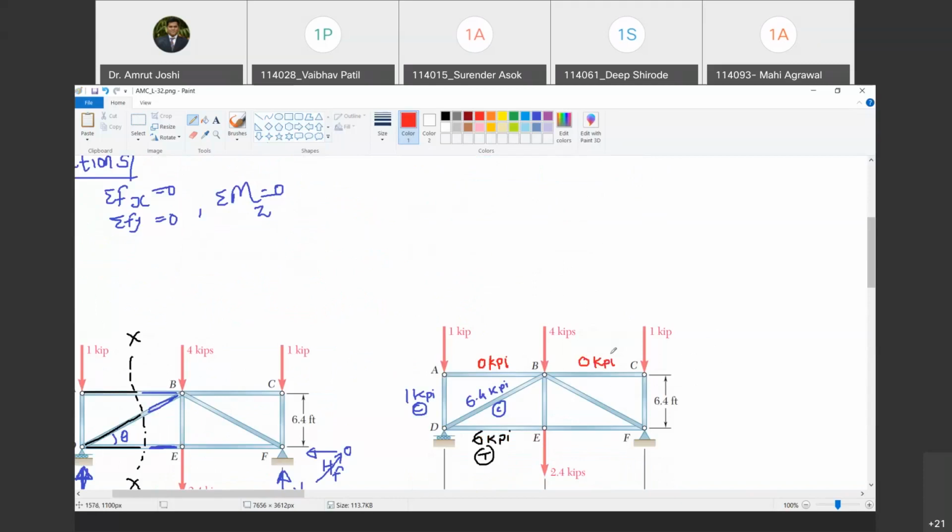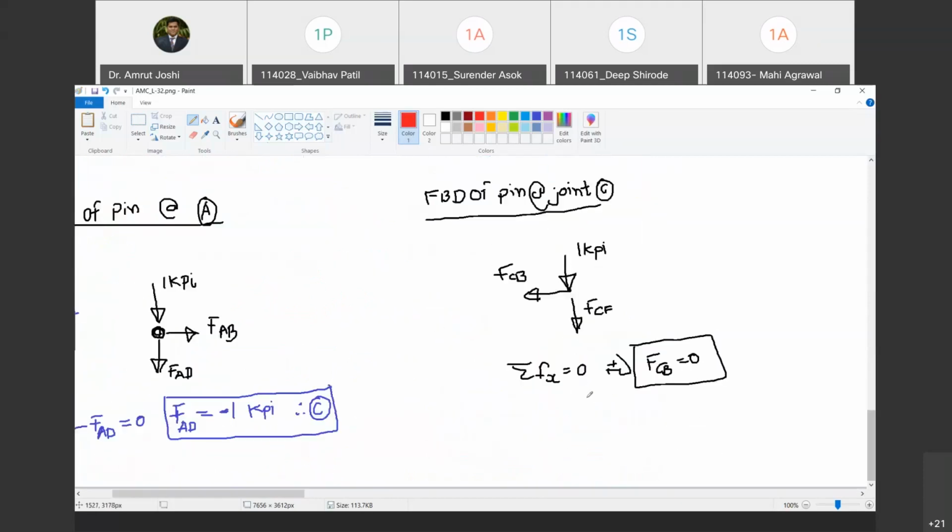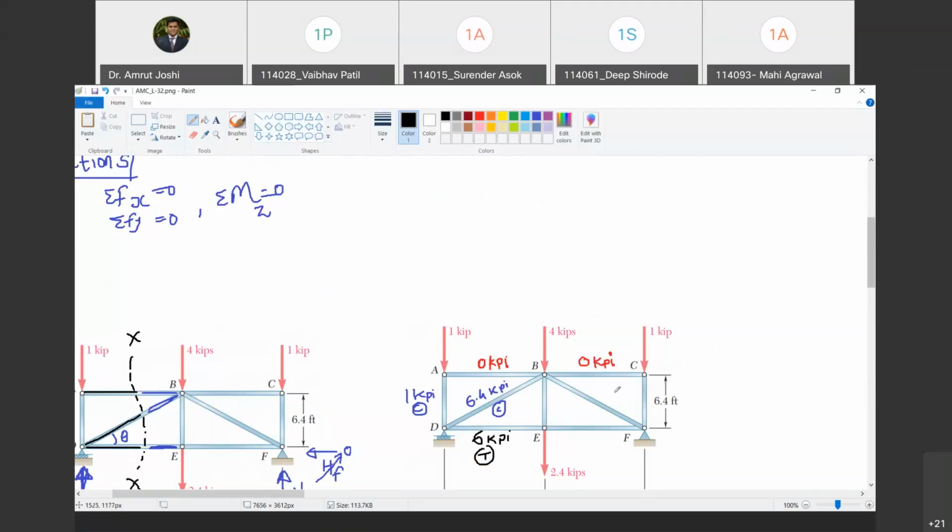And summation Fy equal to 0 gives me minus 1 minus FCF equal to 0. So what is the value of FCF? Minus 1 kPi, and therefore it is compressive. Happy? Yes, sir. So that I am going to write down now here.